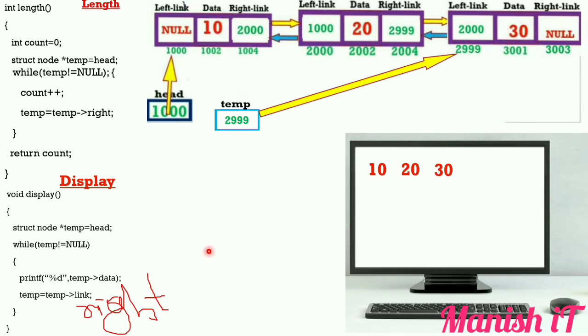After printing 30, it goes through temp->right once again, which is null. It stores null, stops pointing, and checks the condition. Temp is null, so the condition fails. It exits from the while loop, and since there is nothing to return, it exits from the display function. So this is how to display and how to count our length.